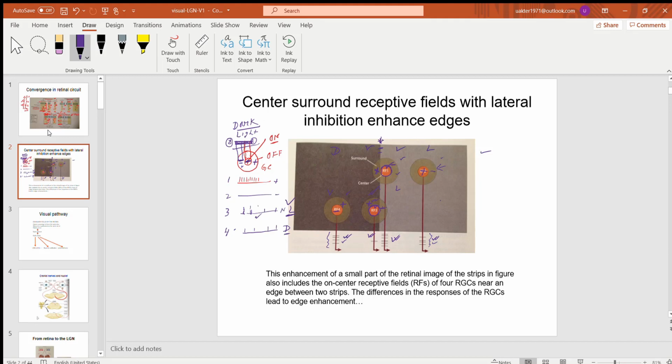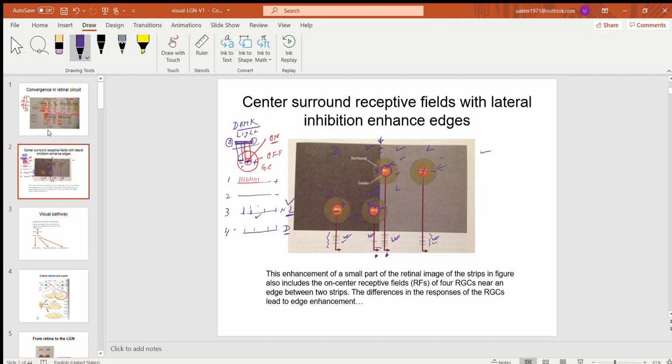So when the brain receives these two, the brain will be able to detect the difference, right, by counting the action potentials, and that will help the brain to determine the edge. So this is how the ganglion cells can help the brain to detect the edges.